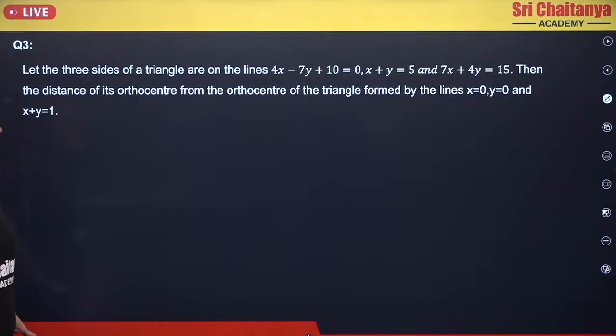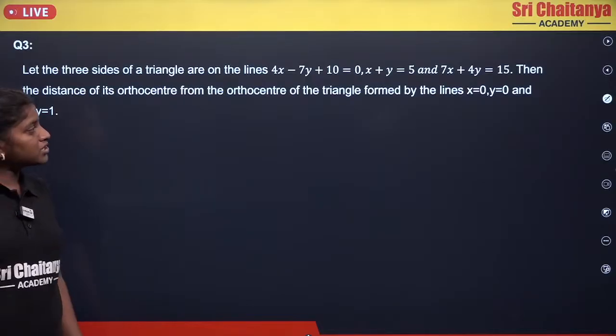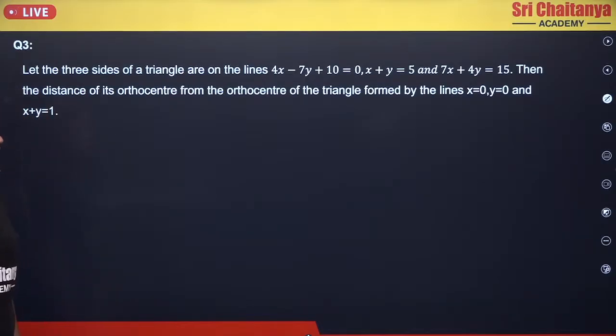Okay. Now moving to the next. Let the three sides of a triangle be on the lines 4x minus 7y plus 10 equals 0 and x plus y equals 5 and 7x plus 4y equals 15. Then the distance of its orthocenter from the orthocenter of the triangle formed by the lines x equals 0, y equals 0 and x plus y equals 1 is.